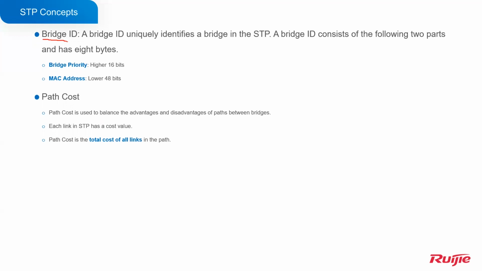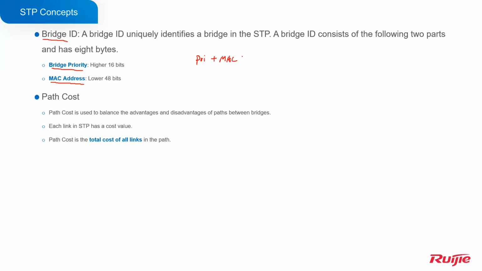A bridge ID consists of the following two parts and has 8 bytes: bridge priority and MAC address. Bridge priority is the higher 16 bits. MAC address is the lower 48 bits.